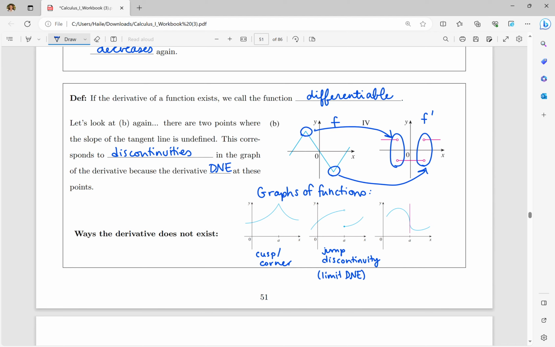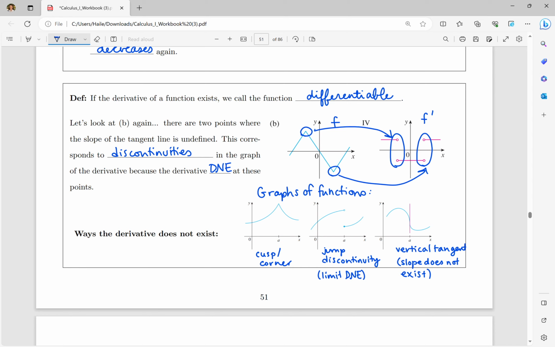And then finally we could have a vertical tangent line. This happens when your curve is so steep that the tangent line is vertical, and the problem with that is the slope does not exist. Remember, when you have a vertical line, you have an undefined slope.